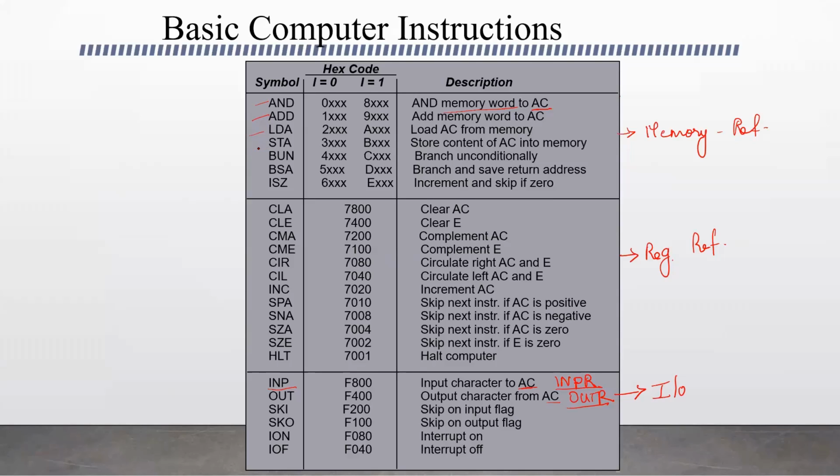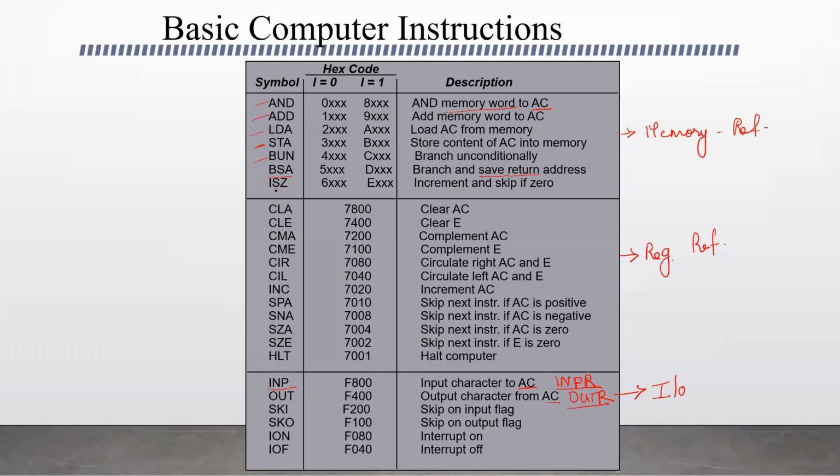This is the register and memory transfer operation. BUN is the control instruction, unconditionally branching to another location, and BSA also alters the sequence by branching to another location, and it also saves the return address.